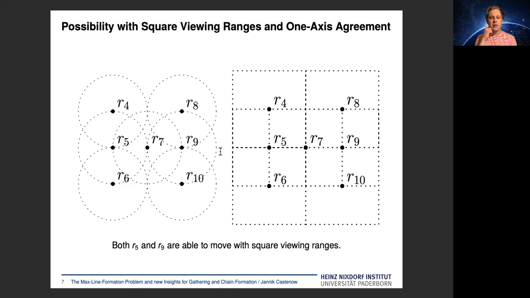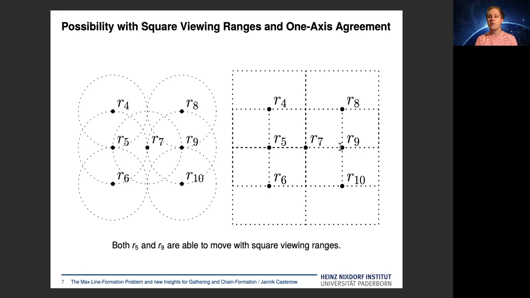And now the problem becomes solvable, or at least we can design a convergence algorithm, because still for R4, R6, R8, and R10, the same arguments hold. They wouldn't move in this configuration. But R5 and R9 are now allowed to move because they can move horizontally without losing the connectivity to their neighbors.